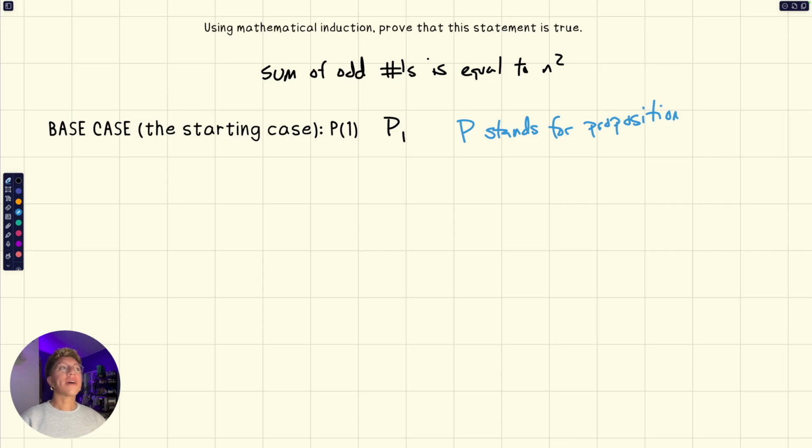We say for our base case, what we can state is that our base case, again, is n equals 1. So this up here is our statement that we're trying to prove. We call this P of n. And in the case where n is equal to 1, we say P of 1.